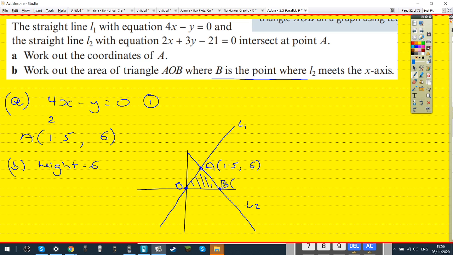This B isn't on L1, it's on L2. So do you use y equals mx plus c? No, you use the equation of L2. A minute ago you said 2x plus 3y equals 21, if that helps.